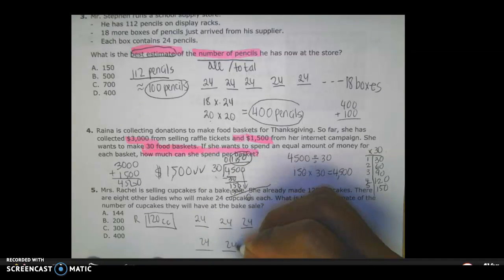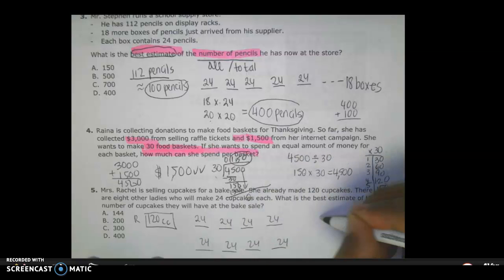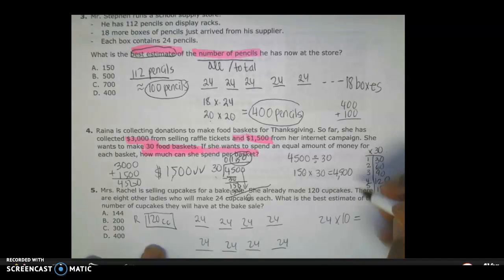So I can say 24 times 8, or I can say 8 is about 10, and 24 is about 20, or I can leave it at 24, it doesn't matter. And then add 120, well, that would make it a little bit too high.